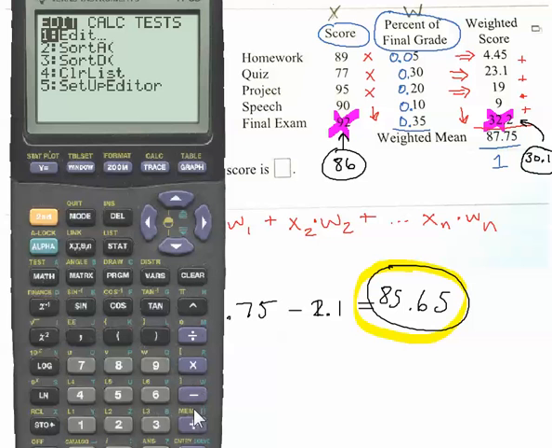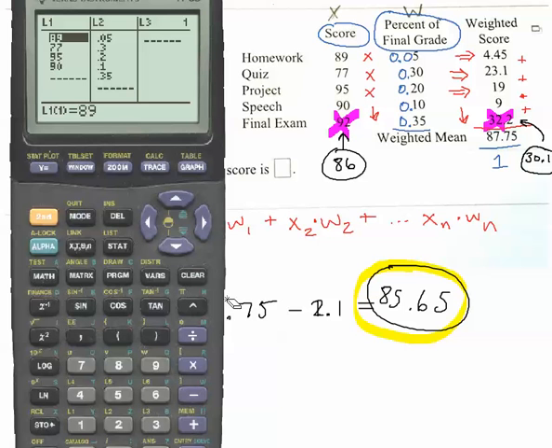So I hit stat and I hit edit. I can press the number one on the calculator, or I can just hit the enter button. I've pre-populated this to have my scores in list 1 and my final percentages in list 2 for the categories, all except for one. So I've left 92 out on purpose.